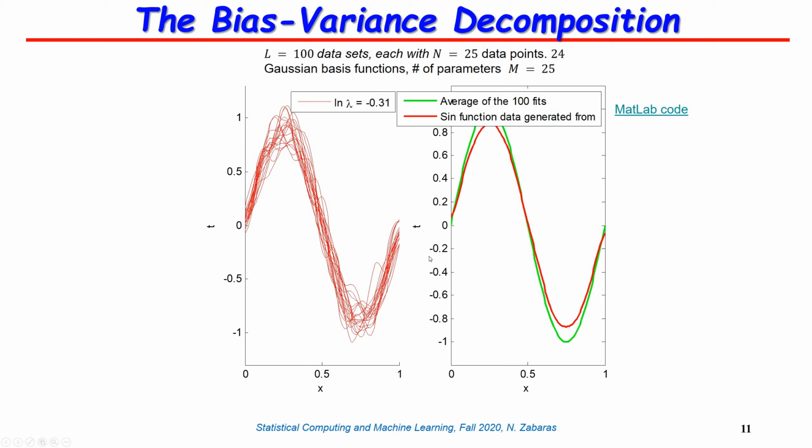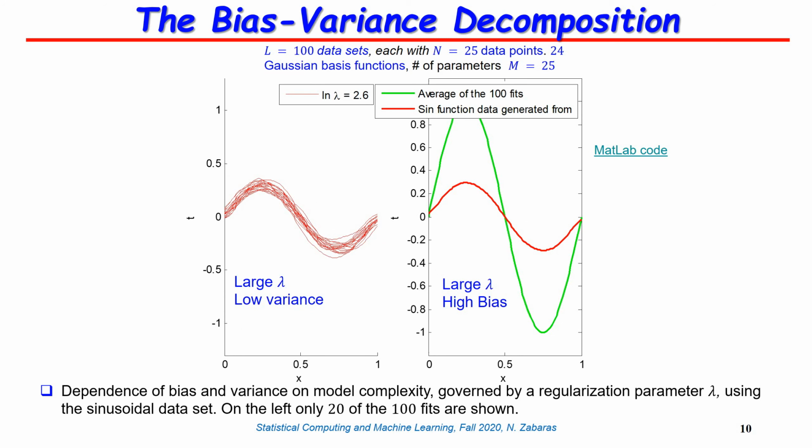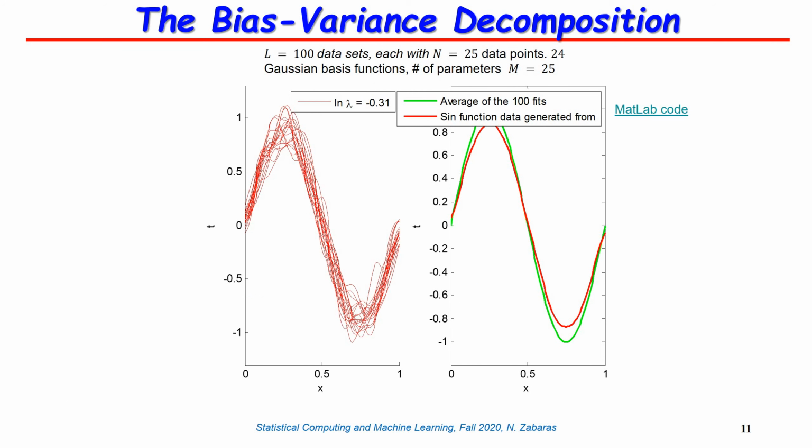So we have way higher variance than we had before, but the bias is smaller. Okay, the bias is not 0. It is still there, but you notice in comparison to the previous case, if I can go back, notice how big the bias is here. Here the bias is significantly less.